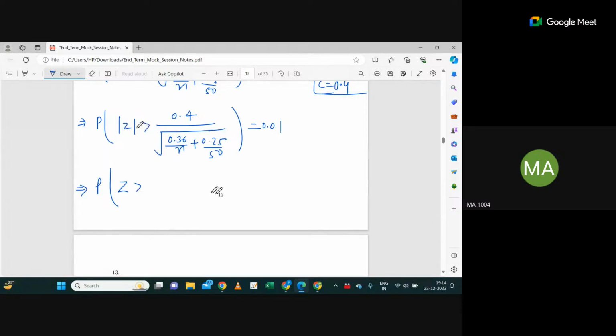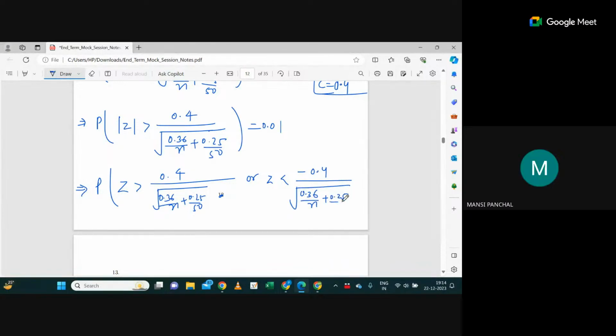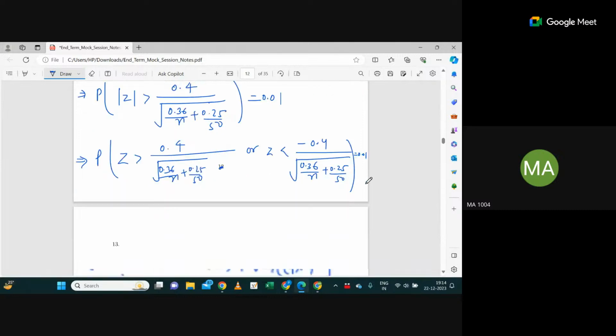If modulus of G is greater than this, that means I will write modulus of G greater than 0.4 divided by square root of 0.36 divided by n plus 0.25 divided by 50, or I can say Z is less than minus 0.4. Yes or no? Yes, sir. So this is nothing but 0.01, which is given to me.